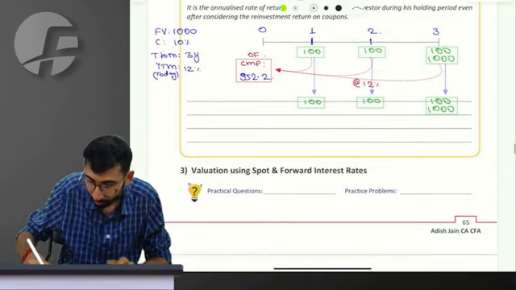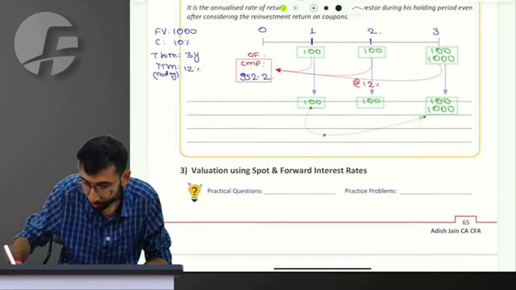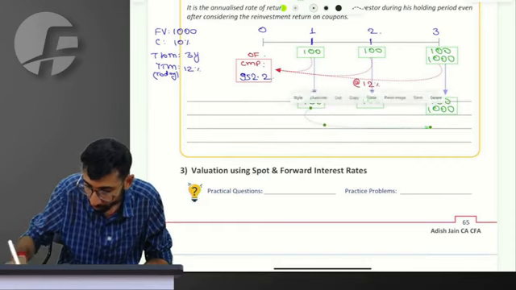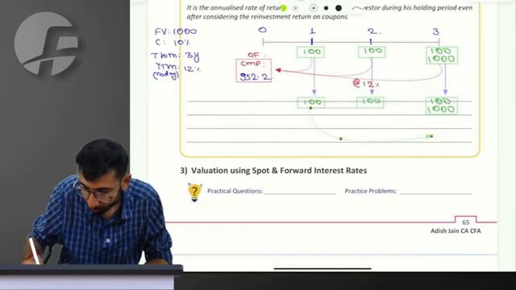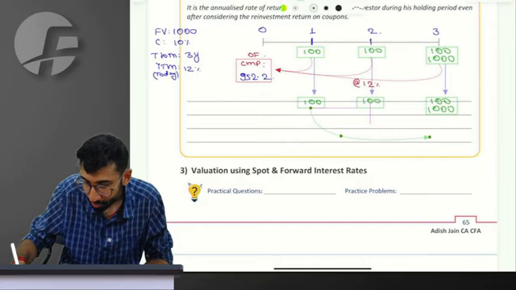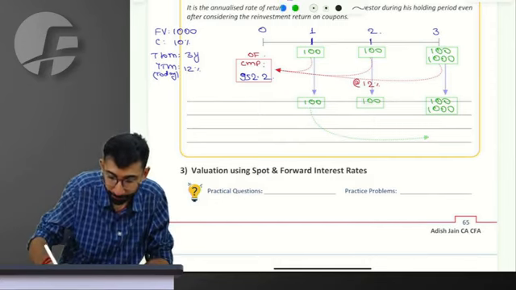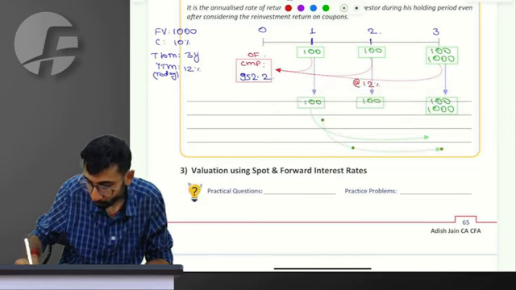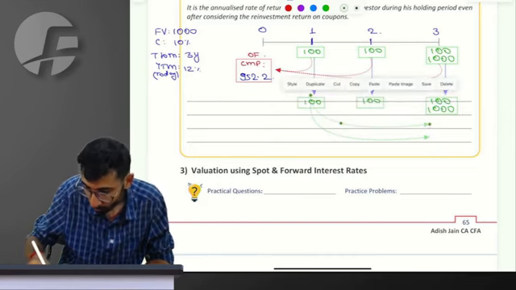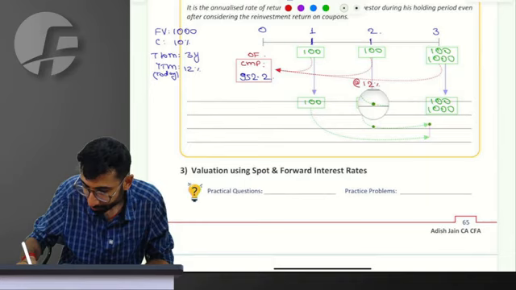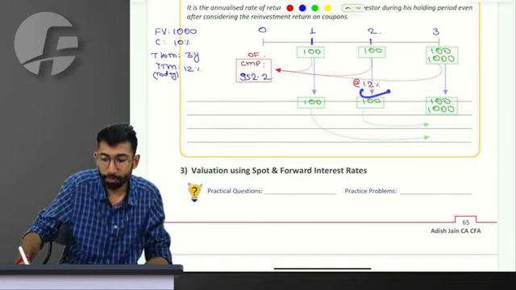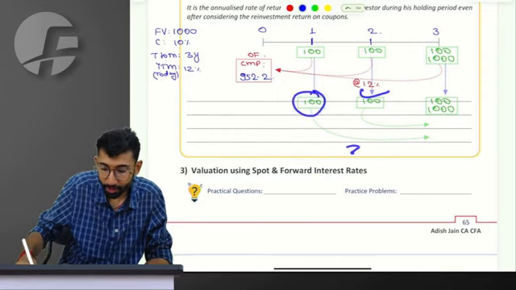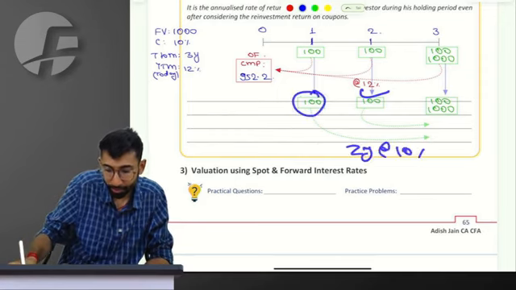on this day, when I make an investment of this amount, how much does this amount turn out to be? Similarly, if I make an investment of the second year's 100 rupee, this will get invested for 2 years at the rate of 10%.